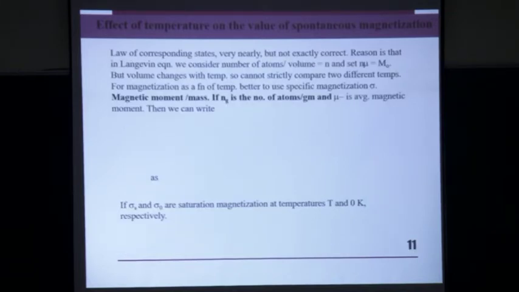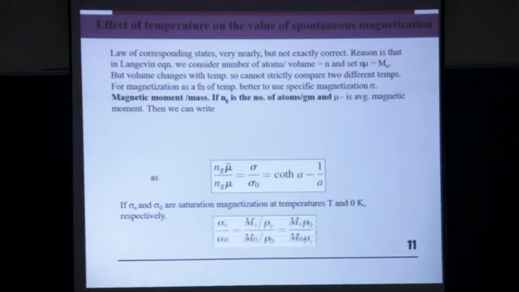Now we can go through some, I should say, minor points, because normally we calculate atoms per volume, but volume varies with temperature. So in principle we should not use volume, we should use mass, because mass is fixed, right? So we can change to a quantity which is dependent on the mass of the material rather than the volume of the material.